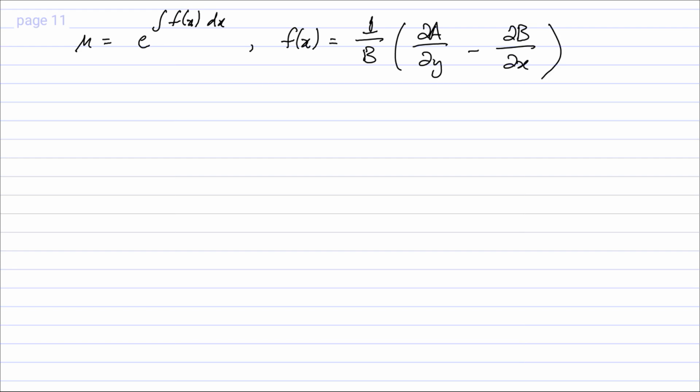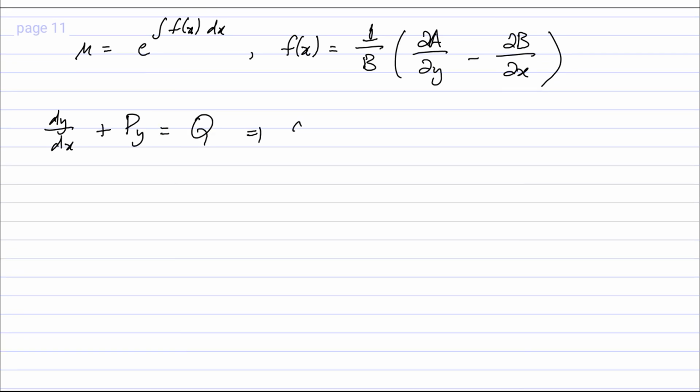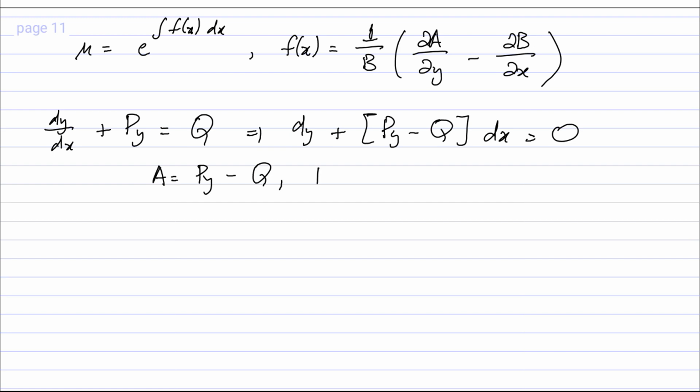Now going back to my linear first order differential equation, I had dy by dx plus py equal to q, and of course I rearrange this as dy plus (py minus q) dx is equal to 0. So in my case, a is equal to py minus q, and b is simply equal to 1.